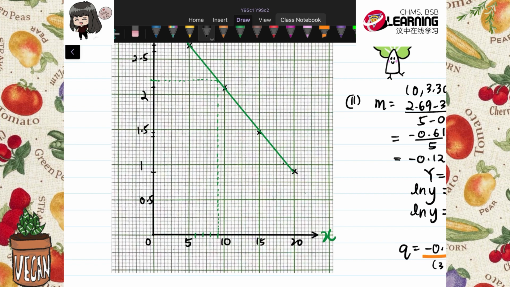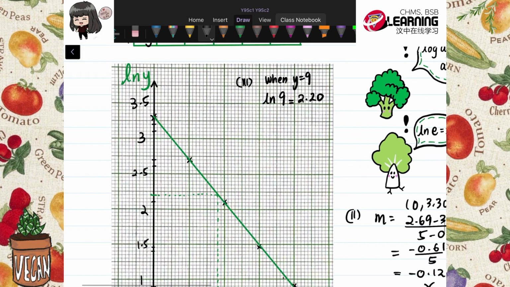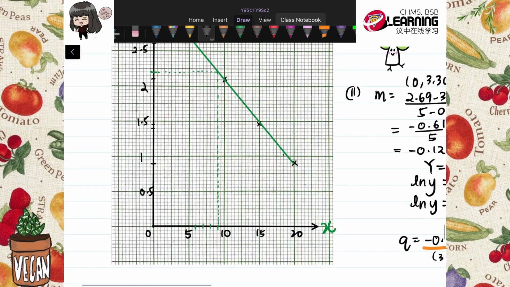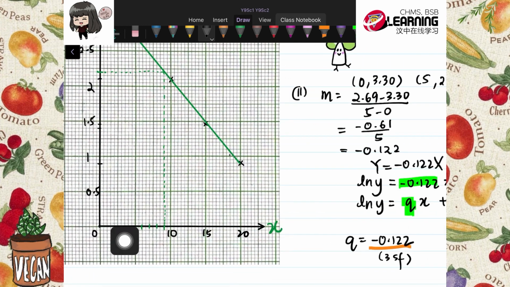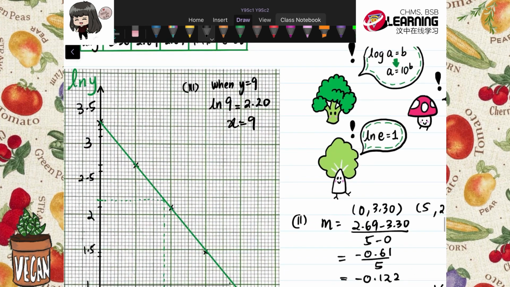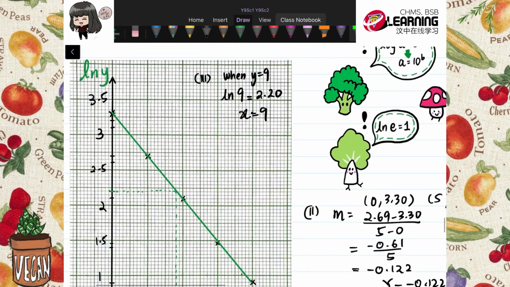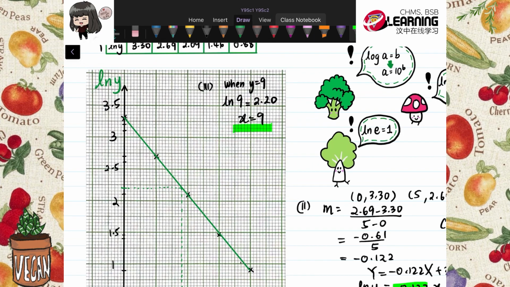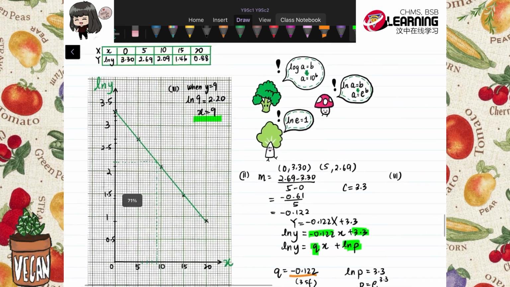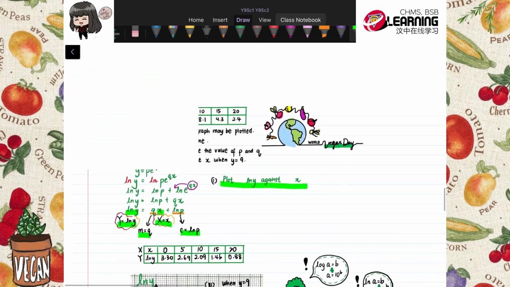So my x equals 9, because here is our x. So there it is, my answer, x equals 9. That's all. Even shorter than example 2 when you're working, right? Using your graph is easier basically. So that's all for example 3.